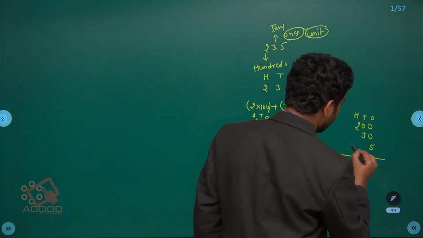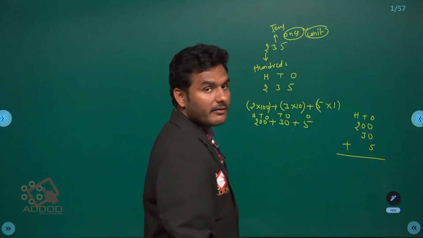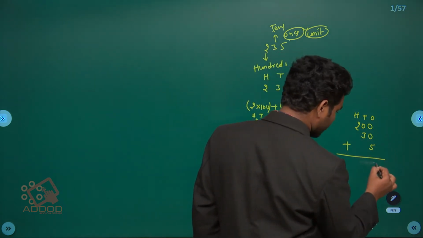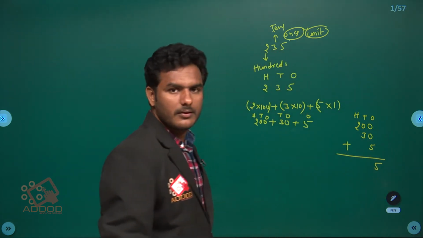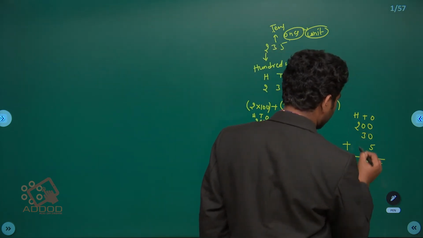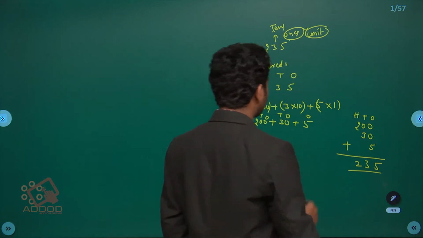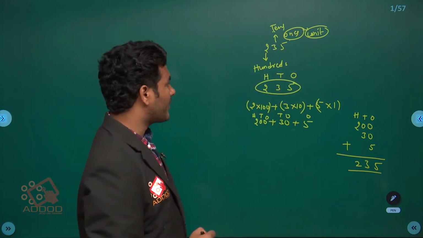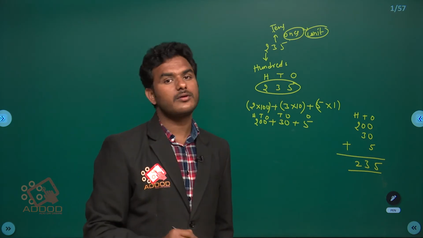Then we have to add all these. 0 plus 0 is 0, 0 plus 5 is 5. Next 3 plus 0 is 3, and here 2 is there. So we get 235. So 235 is the number, and we can write the given number according to the place values.